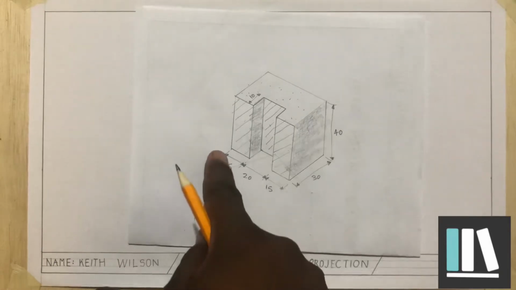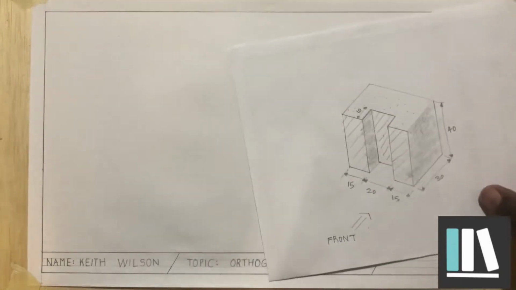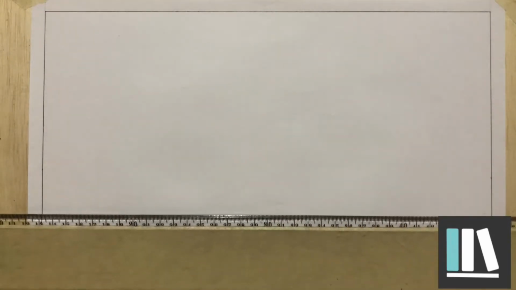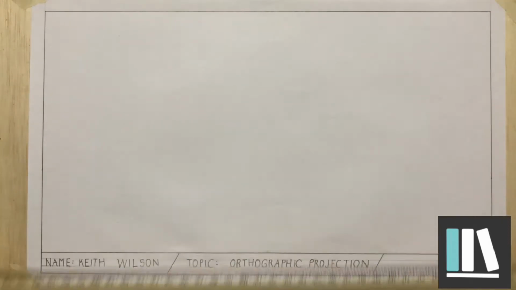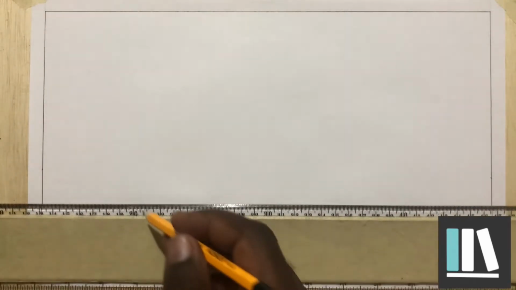All right, so let's start off with the overall measurement. And we're going to use first angle projection for this one. So I'm going to start by putting the face. Let me start at the lower left-hand corner.